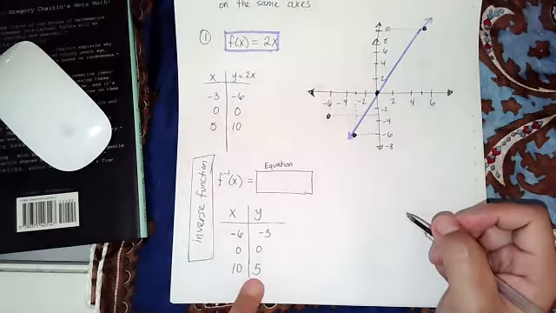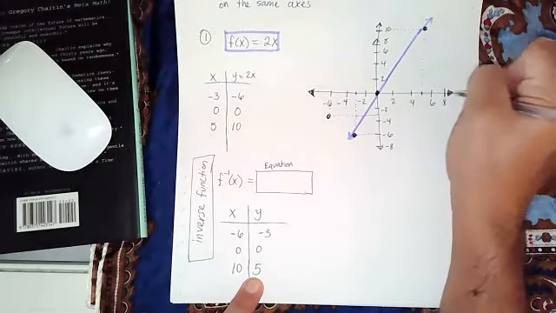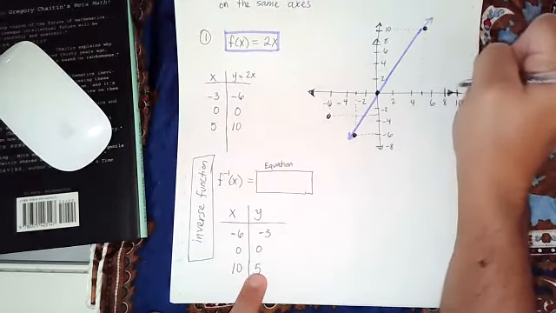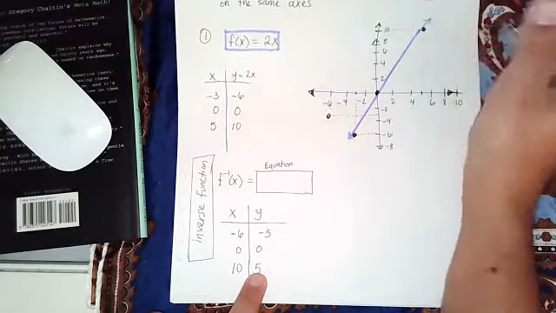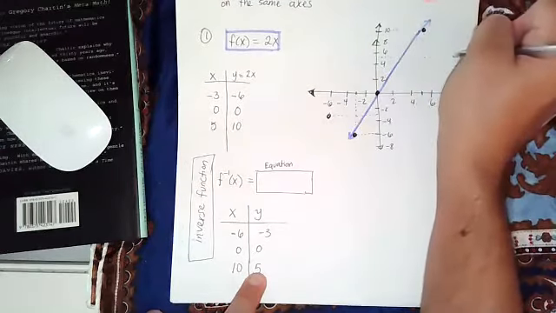And then 10, 5 would be, Lord, I did not give myself enough. So that's 8. I'm going to go over here, call this one 10. And then 5 would be up here between 4 and 6. So about there.